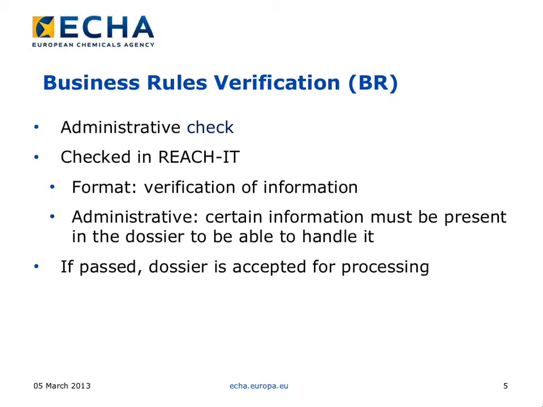When your dossier fulfills these prerequisites, it means that it can proceed further towards registration. These are initial checks that are made by Reach IT. Only once the business rule check is successful, then your dossier can be accepted for further processing.